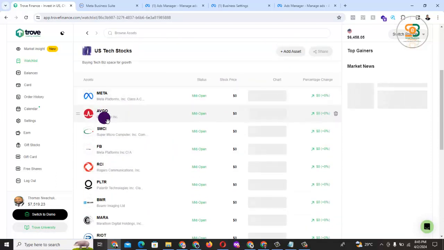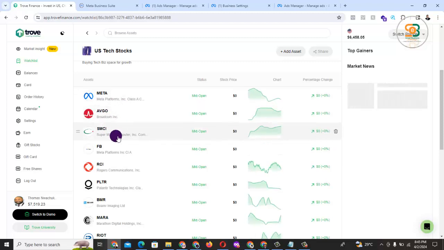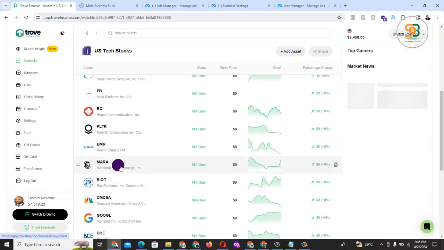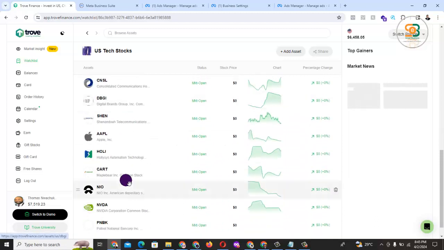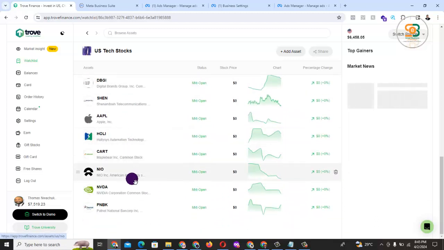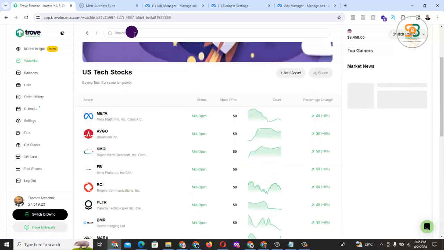I have Facebook, Broadcom, Supermicro Computer, Palantir, Marathon Digital, Riot Platforms, and many others. All these are wonderful stocks that you can buy. You have Nvidia.